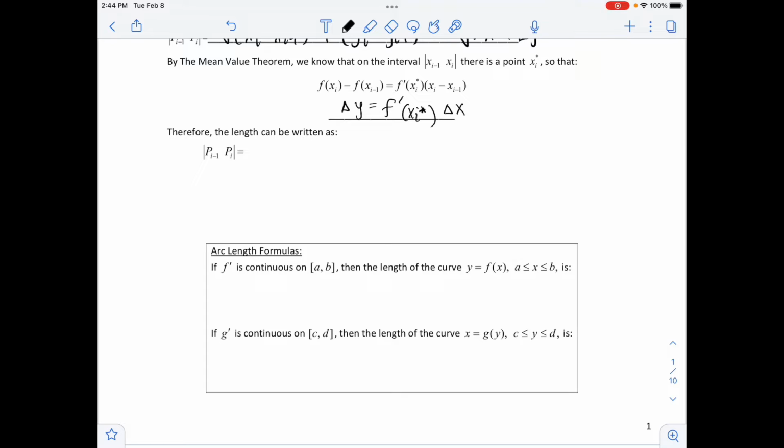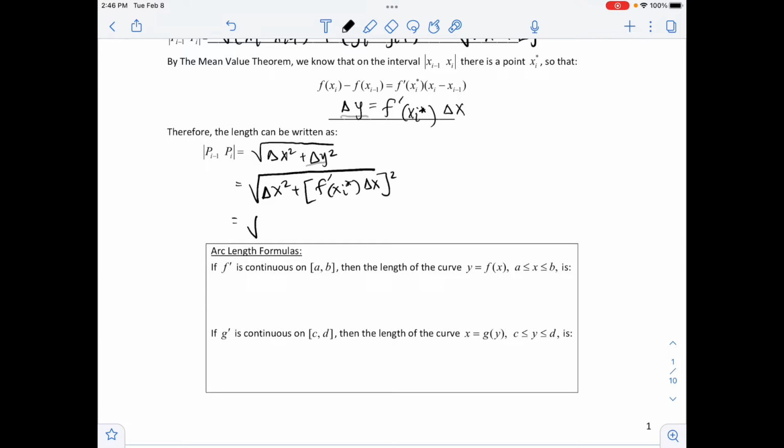Therefore, the length can be written as, so we had defined it up above as the square root of delta x squared plus delta y squared. Substituting in what delta y is as defined up above, this is going to equal the square root of delta x squared plus f prime at x_i star times delta x all squared.